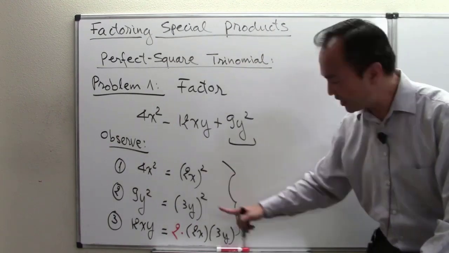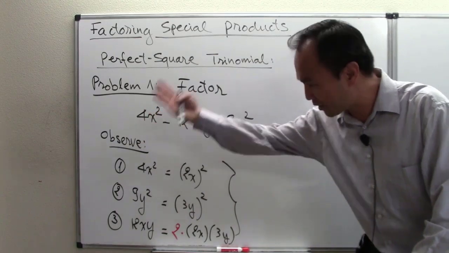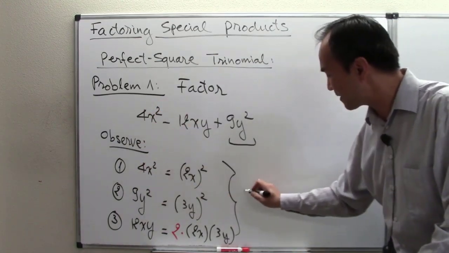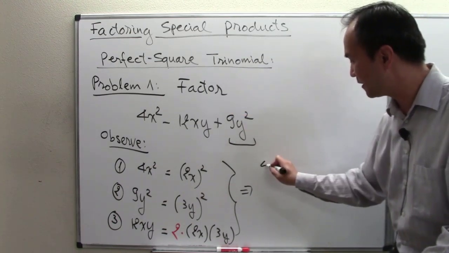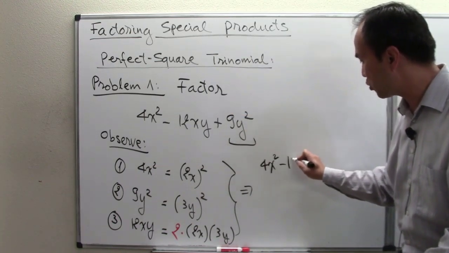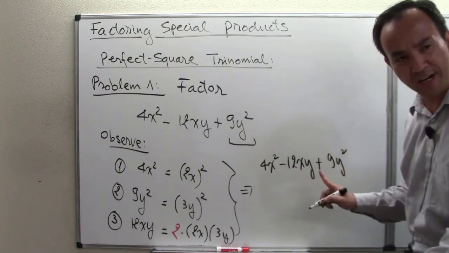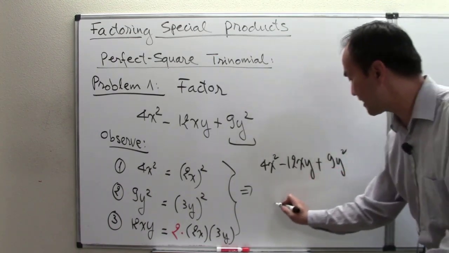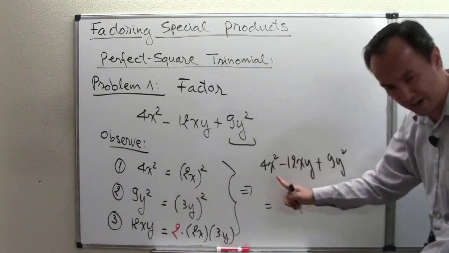After the 3 observations here, and I laid down the steps, that's at least my own thought process, that's how I would do it. I'm coming to a conclusion as follows. Thus, starting with 4x squared minus 12xy plus 9y squared, it doesn't hurt to rewrite it. I'm running out of space, so I'm writing that in the next line.